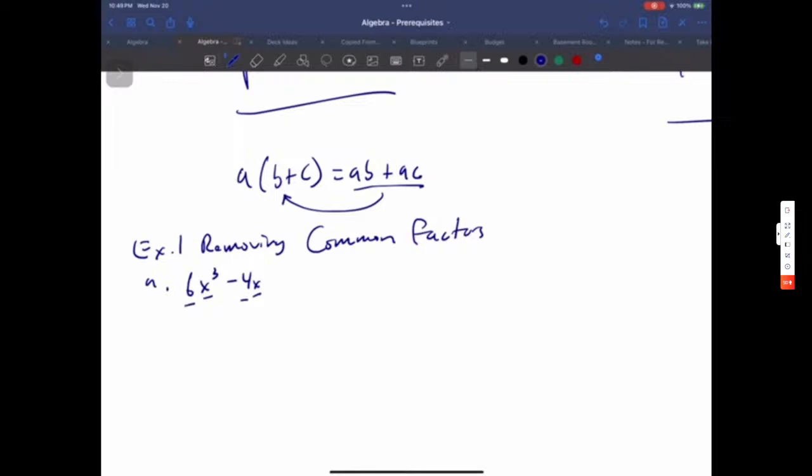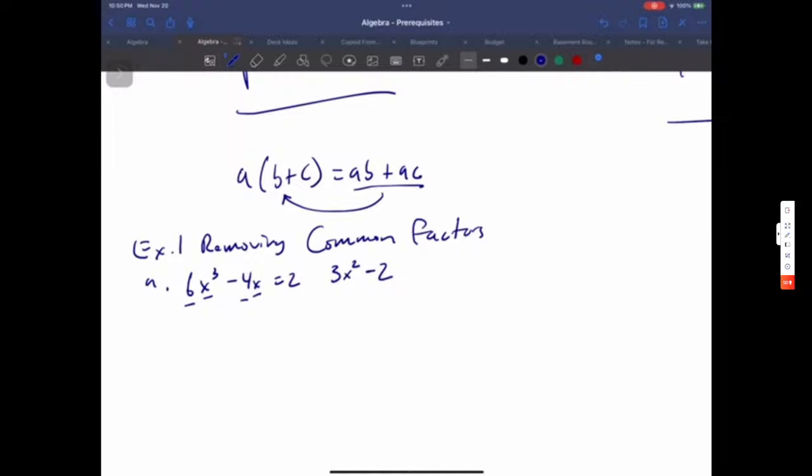So let me try pulling out a 2 from each of those. So 6 divided by 2 is 3, and 4 divided by 2 is 2. So I know I can pull out a 2 from there. x cubed divided by x is x squared, sorry. And then x divided by x is 1, so I'm going to leave that one blank.